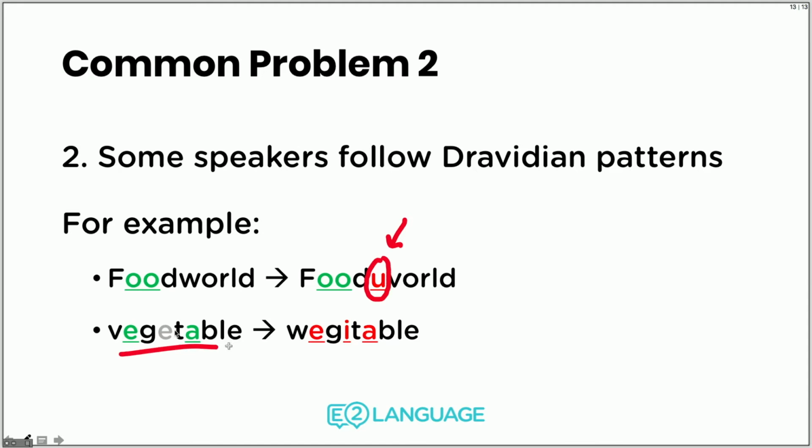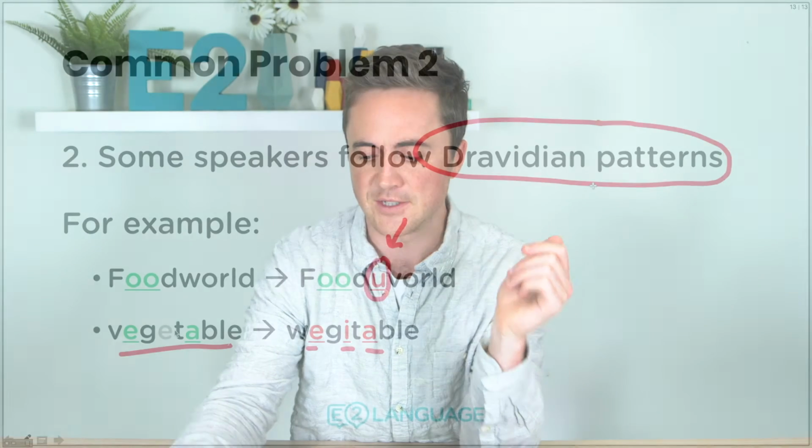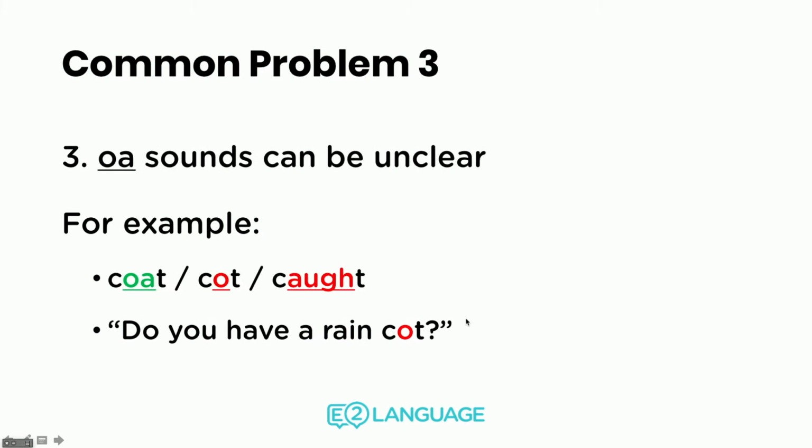Or vegetable in English becomes an extra-syllable version instead of the correct one. Now that's completely normal that you would follow your original or first language when speaking English, but if you do want to get a high score on one of these tests, for example, or you just want to be easily understood by a native English speaker, you do need to think about the interference of your first language. Cool, we'll do some practice on that.